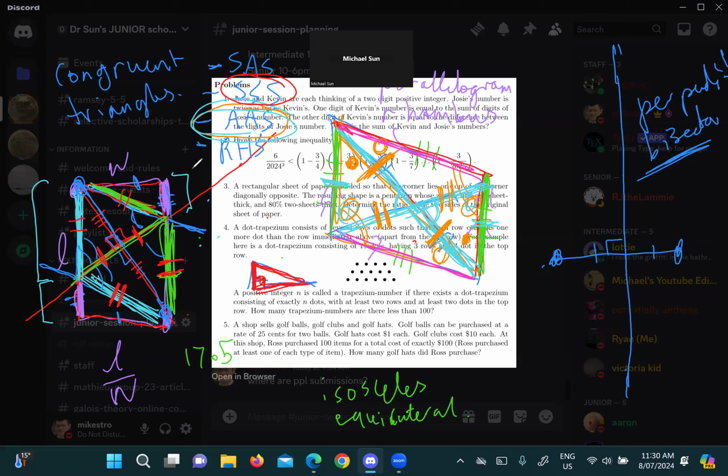So now the area of a rectangle here, right? And then we fold it and we get the area of a pentagon. What's the relationship between those two areas?